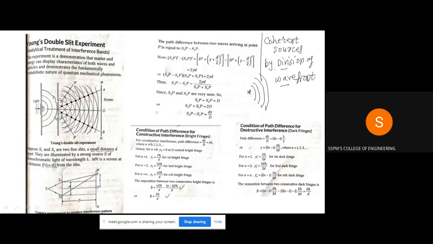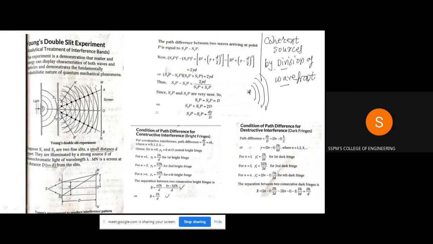When these two wavefronts propagate through the medium, there are certain regions where they overlap with each other as per the principle of superposition. When the crest of one wave overlaps with the crest of another wave, we get maximum of intensity.